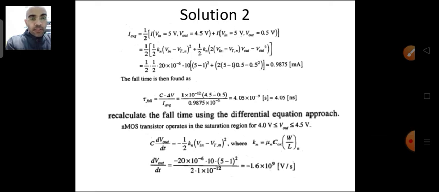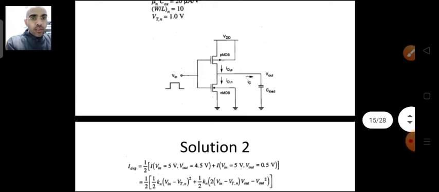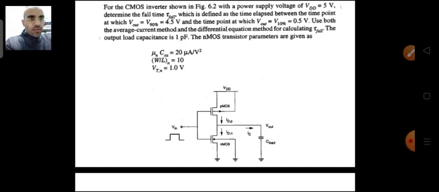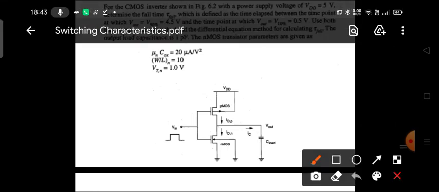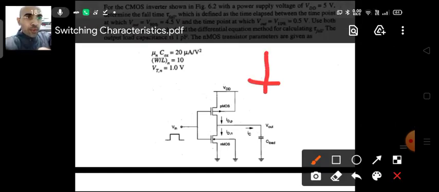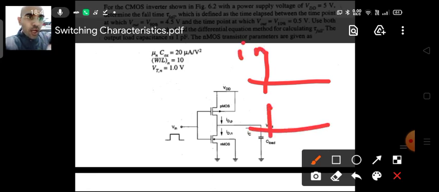So you see what we'll do to find the average current. Let me draw it here. This is, let's say, my input voltage, and here I'll plot the output voltage. So let's say your input is transiting, initially it is 0 and then it becomes 1, something like this.